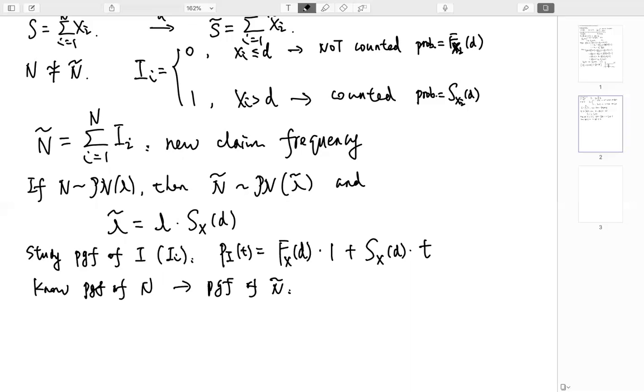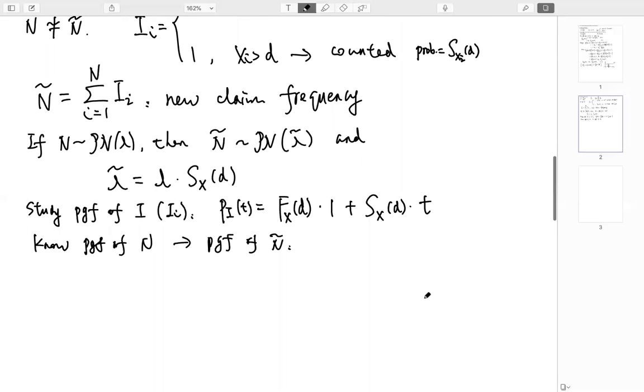So that is the effect on the claim frequency. And let's put a bullet point. Right, so this is important. Let me circle here.